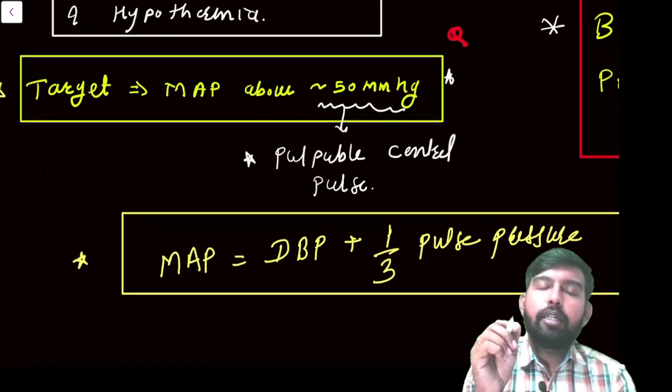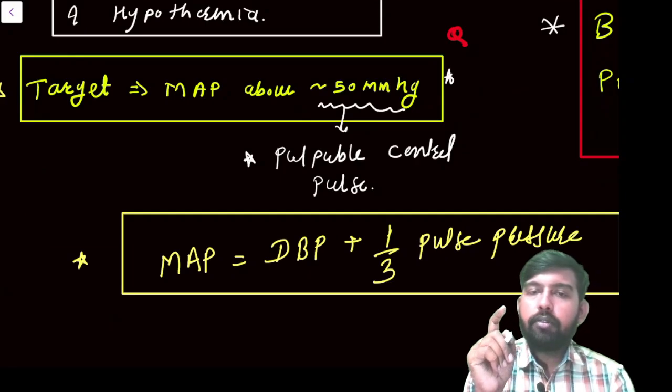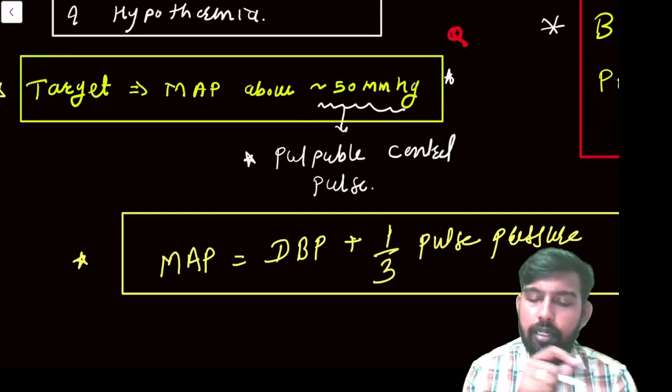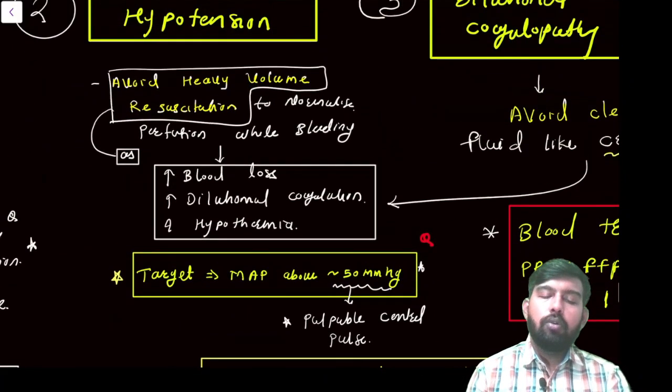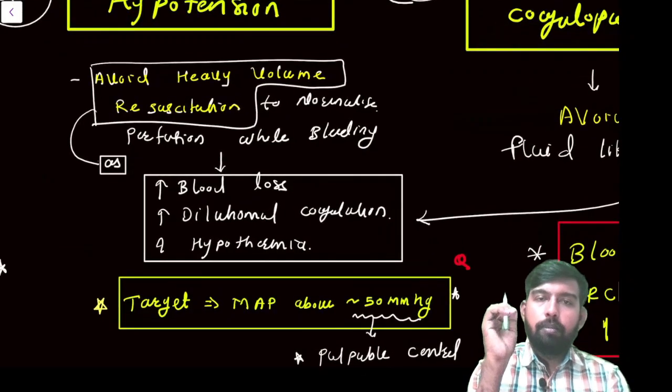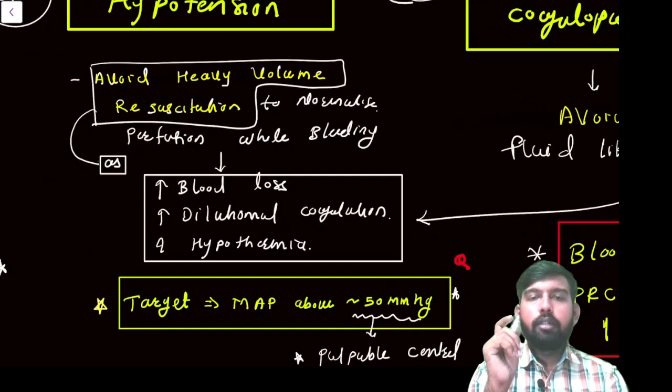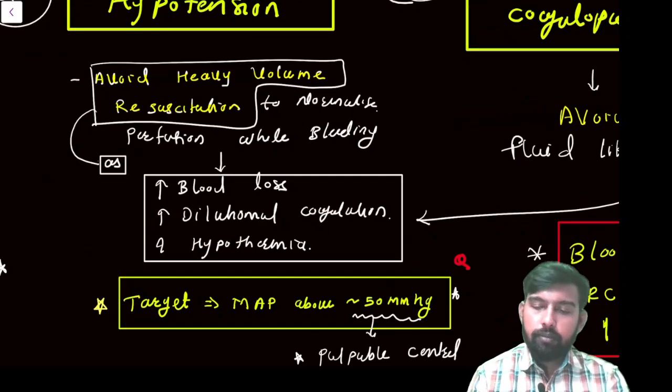Mean arterial pressure is the diastolic BP plus 1/3 of the pulse pressure. So there is a concept of permissive hypotension to avoid the increased blood loss and to avoid the dilutional coagulopathy. Target mean arterial pressure is just above 50 mmHg.